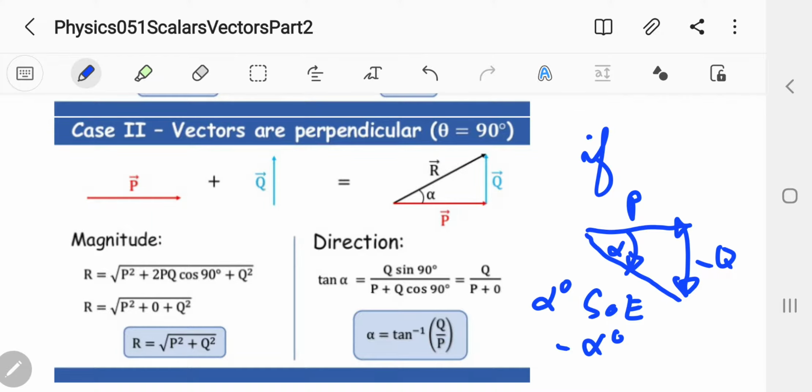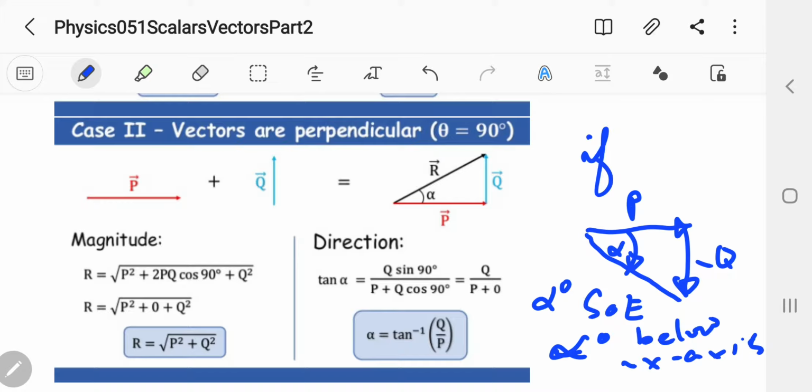This means you are measuring below the positive x-axis, or you can say this is alpha degrees below the positive x-axis.